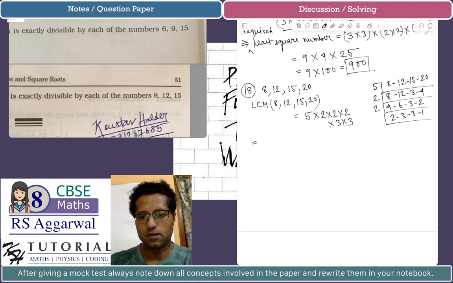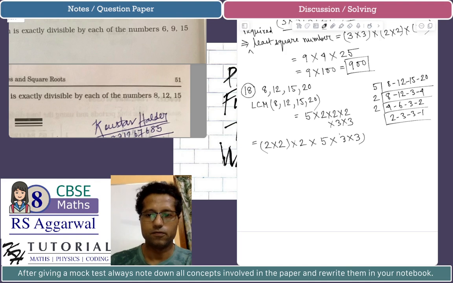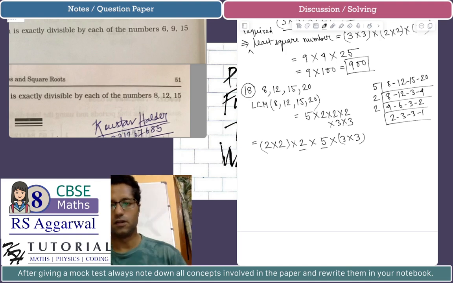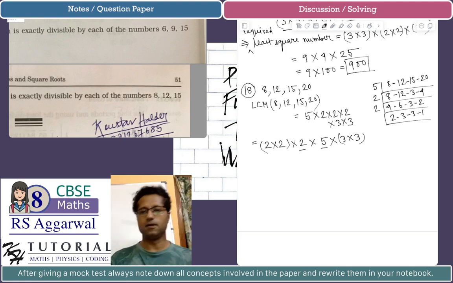I get there are three 2's, so one pair can be formed and I am left with one 2, and I see one 5 is left, and another pair can be formed from the two 3's. Okay, so I see the prime factors which are left, which are not part of any pair, are 2 and 5. 2 and 5.